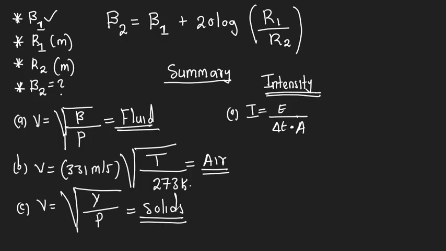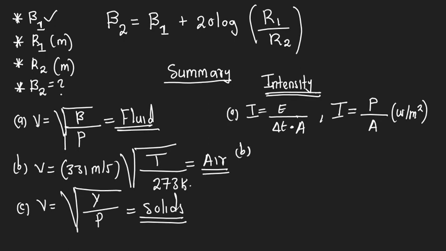But remember, we changed this formula I showed you. It can also be calculated, if you have been given the power, as power over area, and this should be in watts per meter squared.